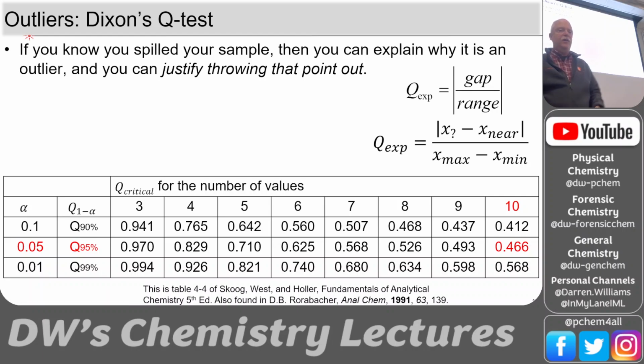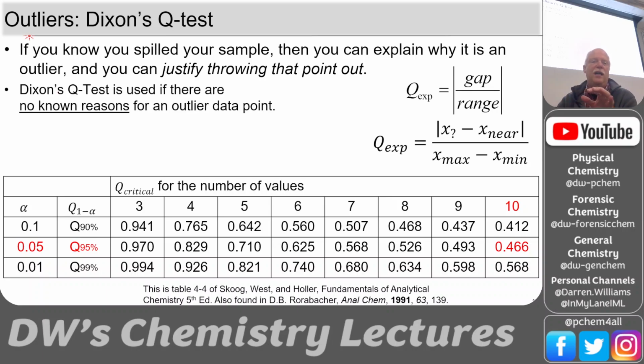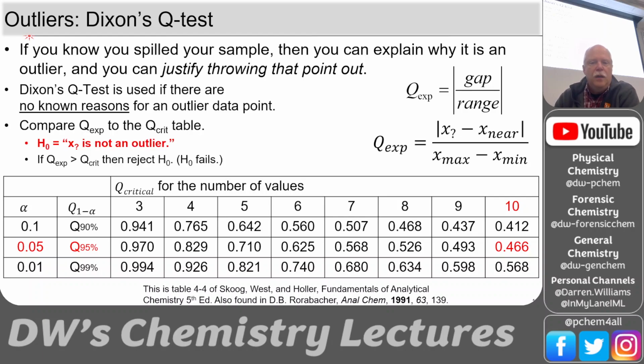So we're going to do two different types of outlier tests. And again, if you know you spilled your sample or whatever, you could throw that out. It's a bad sample. But this is for those cases where there are no known reasons for that data point being at 15 when all the others were below 13. So here's what we do.